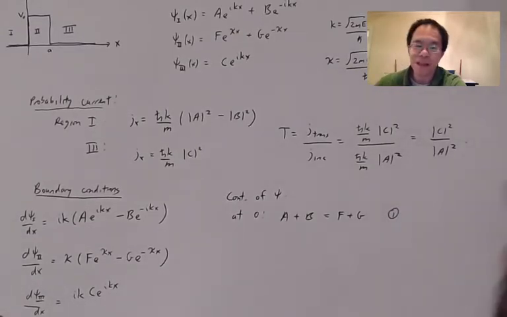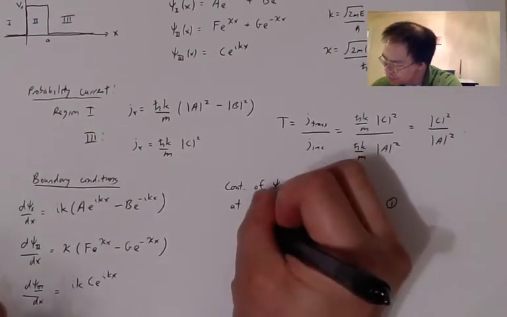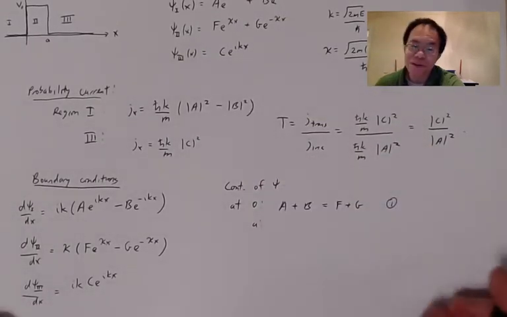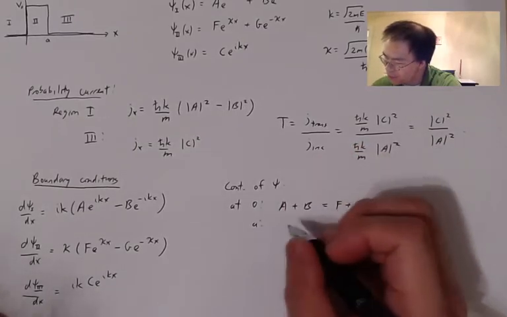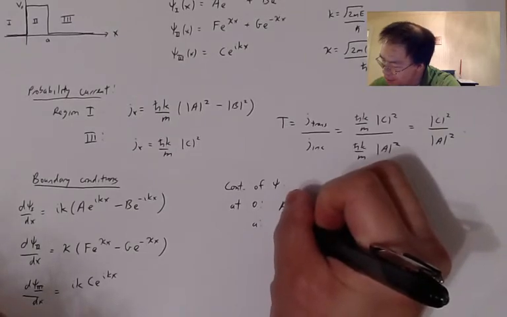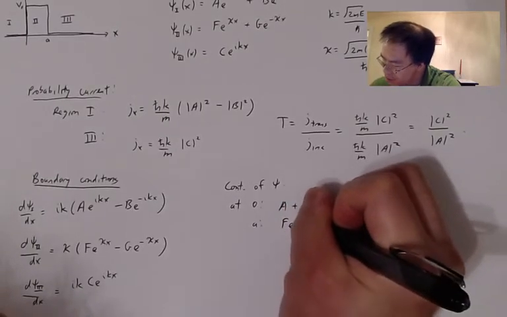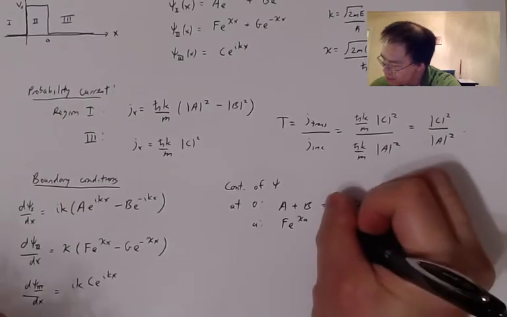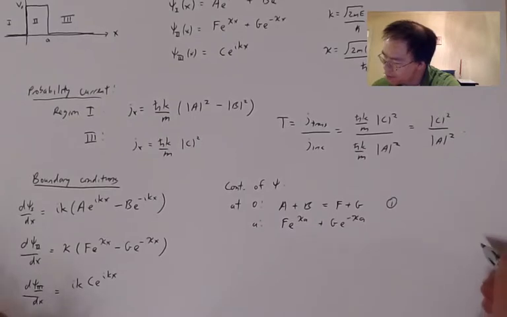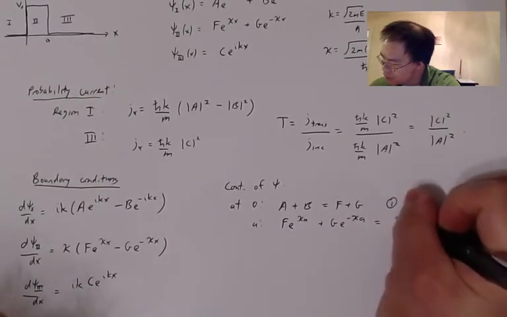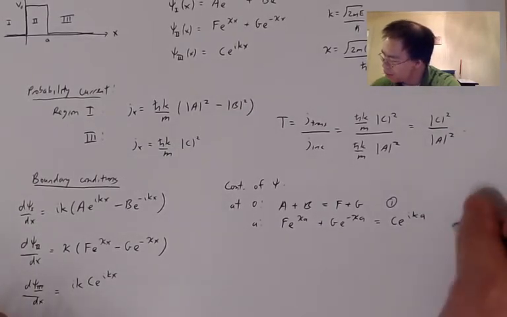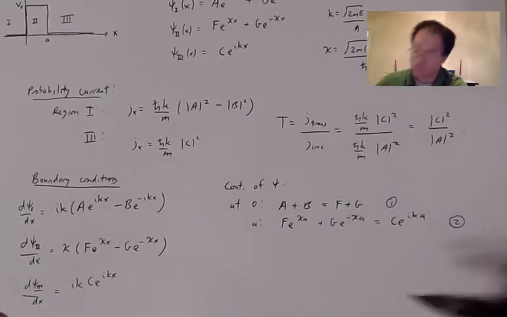Okay, and now let's do the same thing at x equals a. We have to stitch together these two. Now it's a little messier because the exponential terms don't just go to 1, but we get f e^(κa) + g e^(−κa) = c e^(ika). Let's call that equation 2.